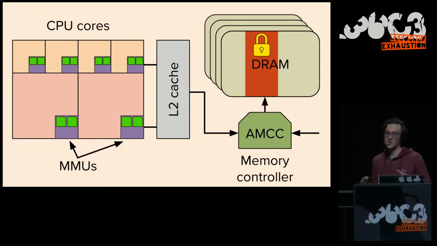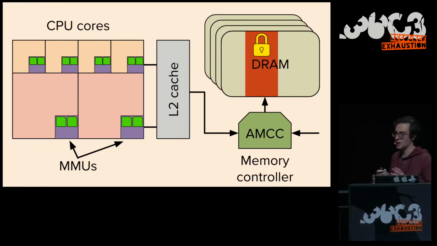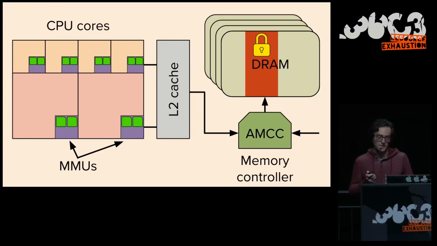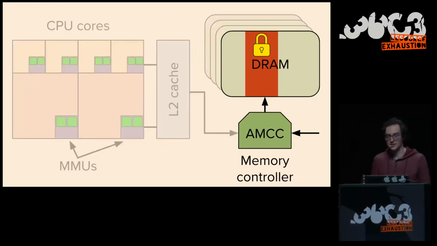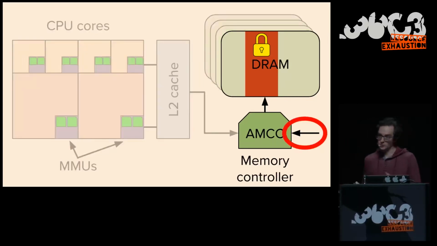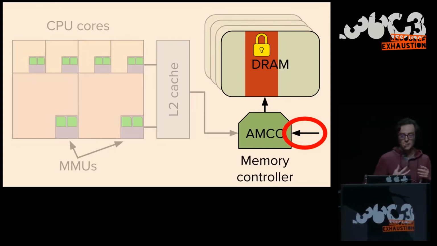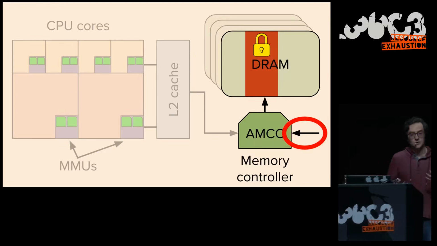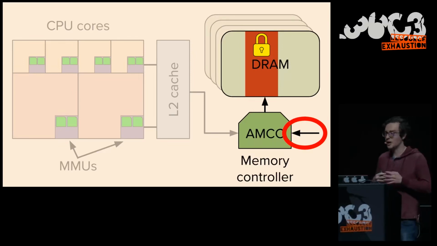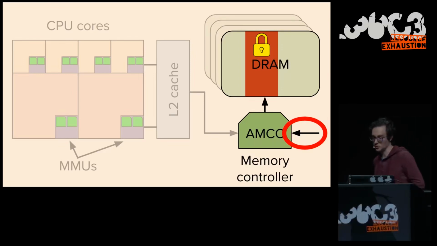However, this isn't the complete picture that we need in order to protect this memory. There are other devices that are connected to your system, all sorts of peripherals. This could be a Wi-Fi chip, or a USB stack, any sort of hardware device which could issue DMA commands to your memory controller.